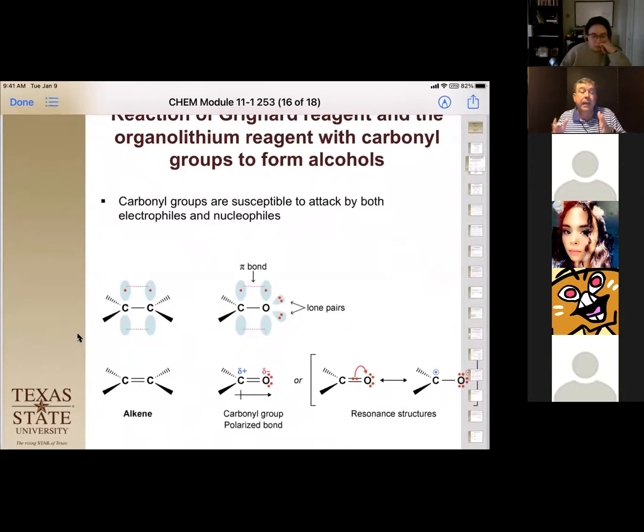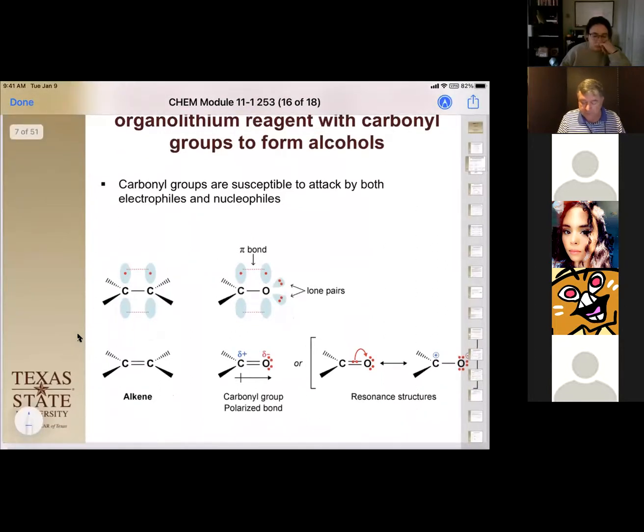However, if we look at a carbonyl compound, because that's a polar covalent bond, we have a partially positive side on our carbon and a partially negative side on our oxygen. That means it's susceptible to attack by nucleophiles on that carbon. Okay.